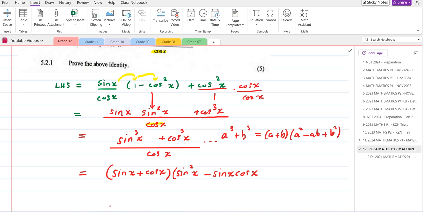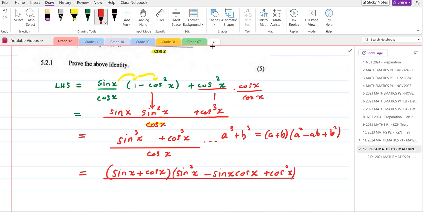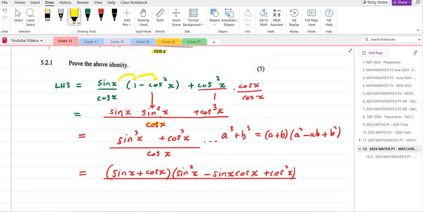And square the cos x, plus cos squared x. Perfect, guys. Now we can see the answer because sine squared plus cos squared is now equal to 1, right? So I'm just going to highlight this for you. We got sine squared plus cos squared, that's 1, and that's all over cos x.